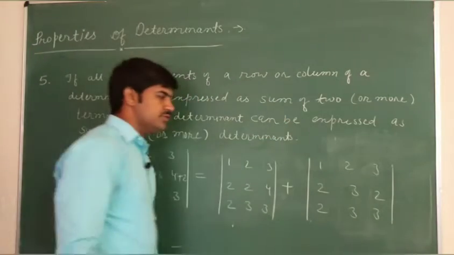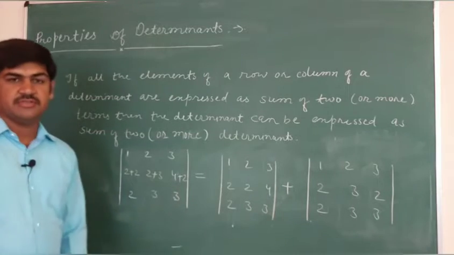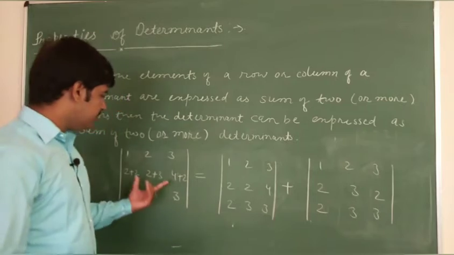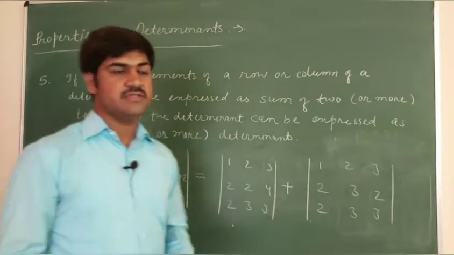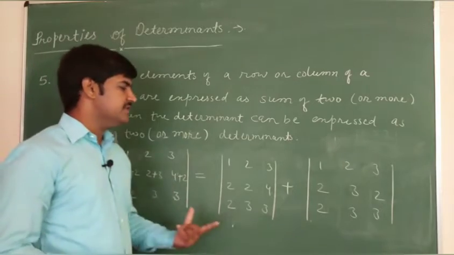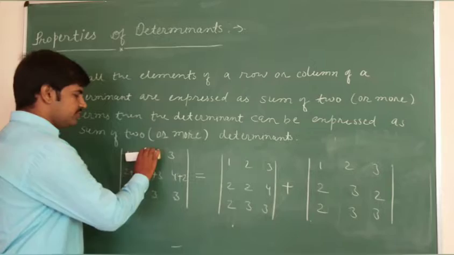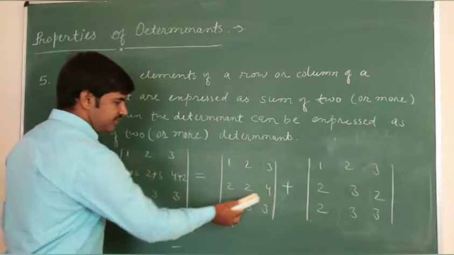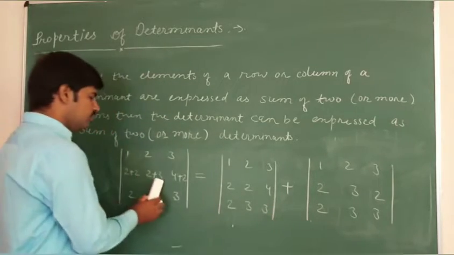I am sure you understood. Since R2 contains all the elements expressed as sum of 2 terms, the determinant can be expressed as sum of 2 determinants. There will be no change in R1 and R3, and the first determinant will contain 2, 2, 4, and the second determinant will contain 2, 3, 2.